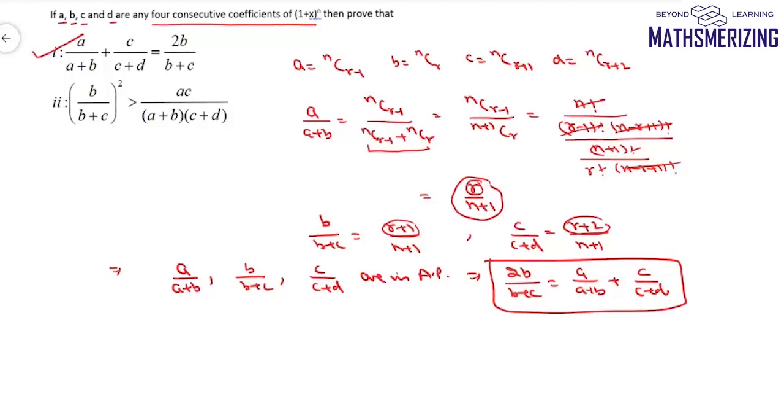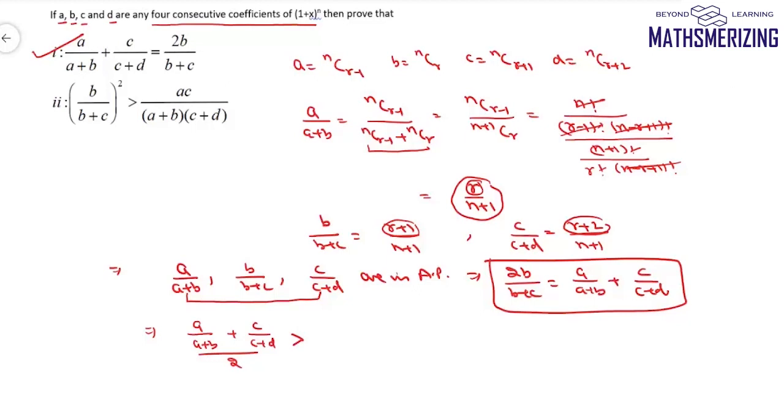Now what I'll do is, I'll take these two terms and find their arithmetic mean. So their arithmetic mean will be a/(a+b) plus c/(c+d), divided by 2. And arithmetic mean is always greater than or equal to the geometric mean. Now in this case, these terms are not equal because we have different values of r, right?